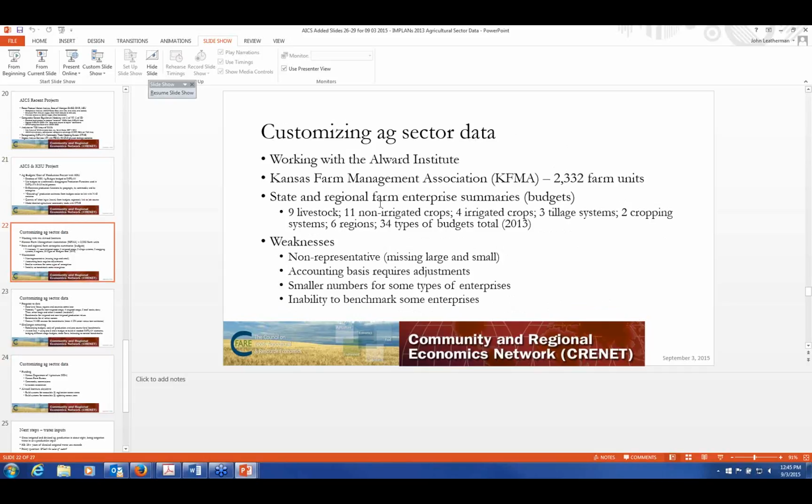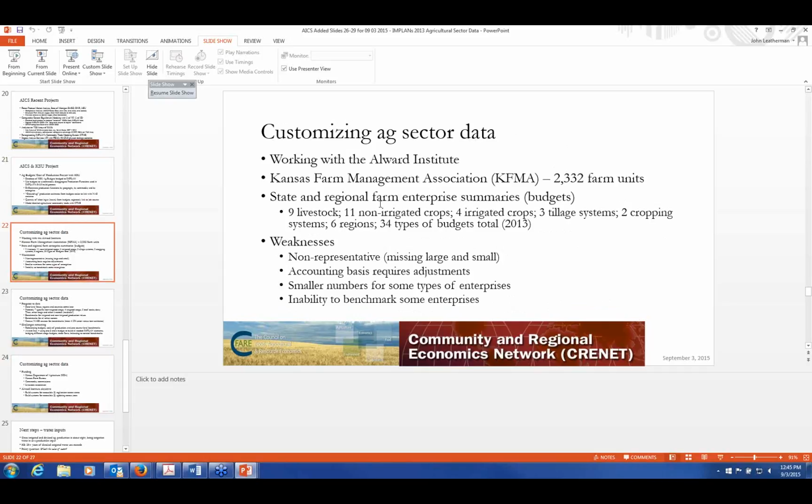As you look at these budgets, you have to consider what was the purpose behind the construction of those summaries, and in fact, they are principally for use in taxation, and so they are built with an accounting perspective in mind and not an actual economic expenditure and enterprise type perspective.